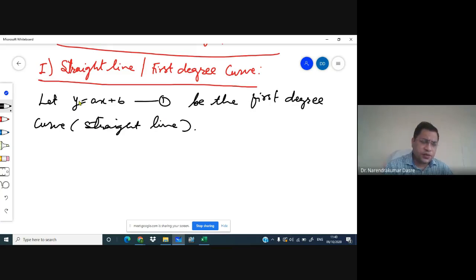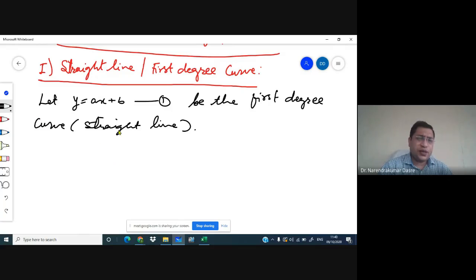If I use the method of least squares on this curve, here y is known and x is known. We have many values of y and many values of x, and we want to fit this line to the curve.